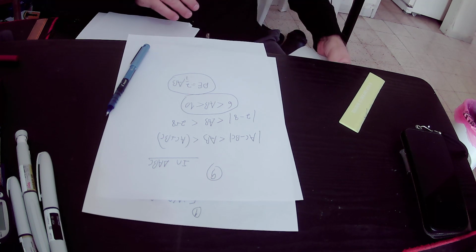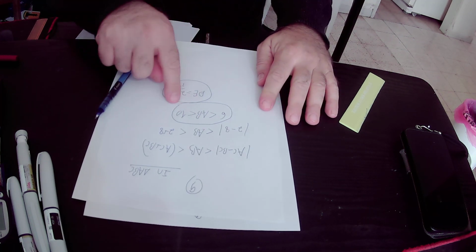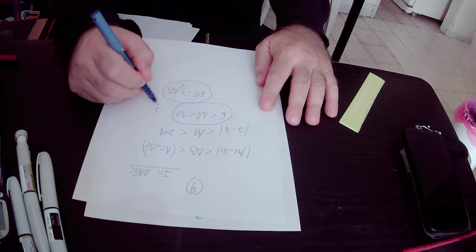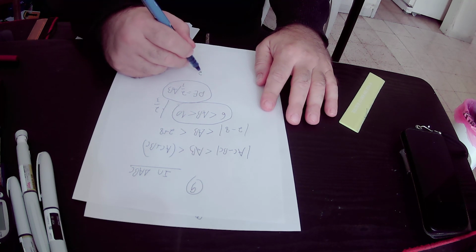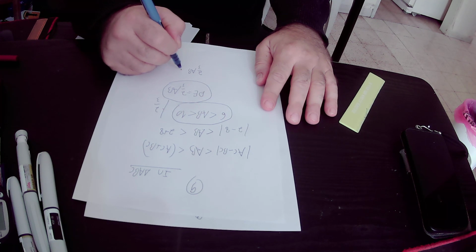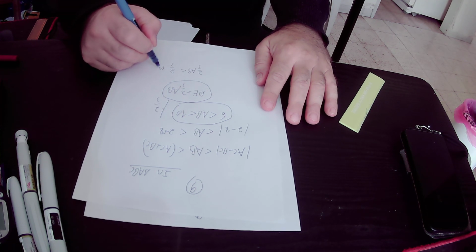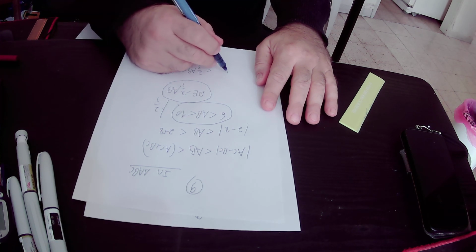So if we multiply this inequality by 2/3, we will get that 2/3 AB is less than 2/3 times 10, and it is greater than 2/3 times 6.